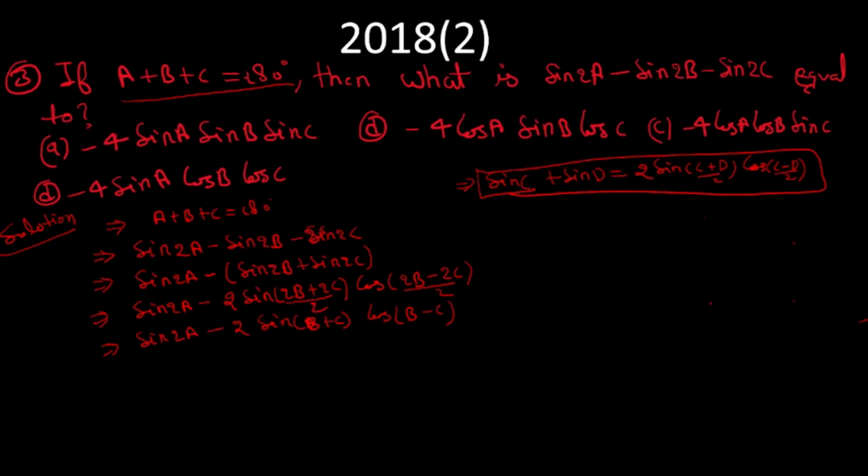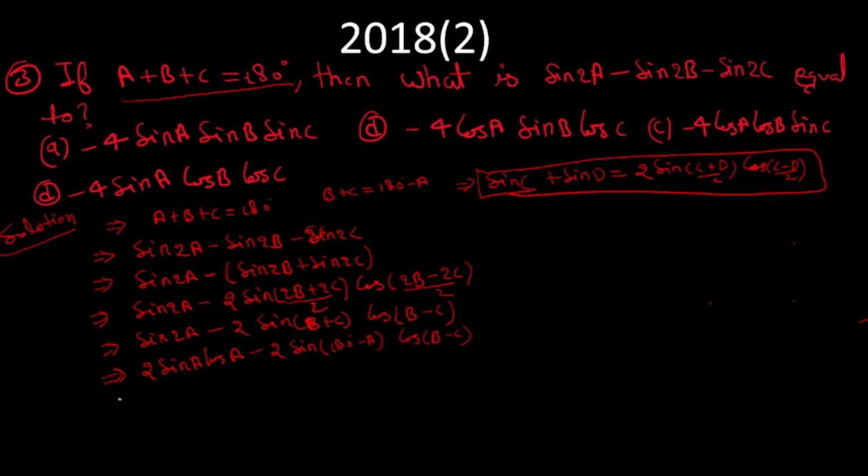Now we put b plus c equal to 180 minus a. I also open the sine 2a formula, so it becomes 2 sine a and cos a, and minus 2, I put sine (b plus c) equal to sine (180 degrees minus a), and here we get cos (b minus c).